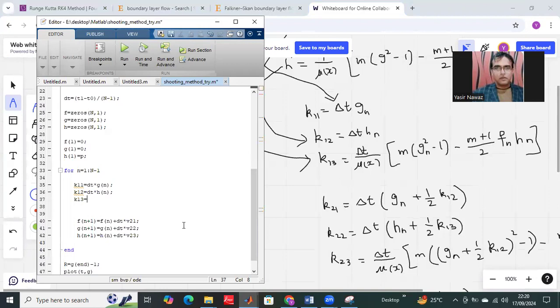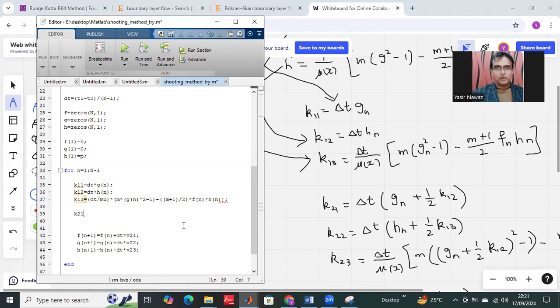K13 is dt over mu, and then m multiplied by g n square minus 1 minus m plus 1 over 2, fn multiplied by hn, in brackets.